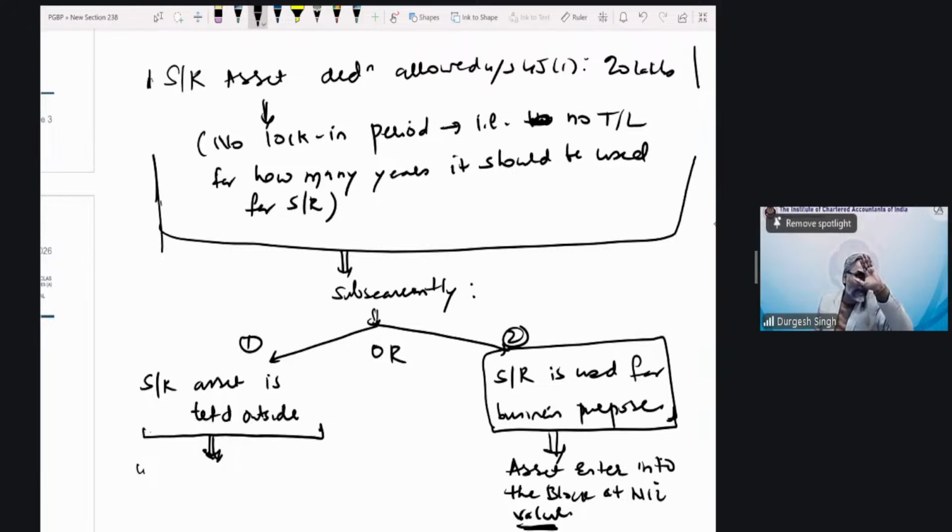This section, students, whether this regime or that regime, will survive. Same is the other section. Remember your inter-CA, students, you have done 80JJAA. That is new employment, for which there is an extra deduction for the next 3 years. That section's deduction also applies even though you may have taken the alternate tax regime.